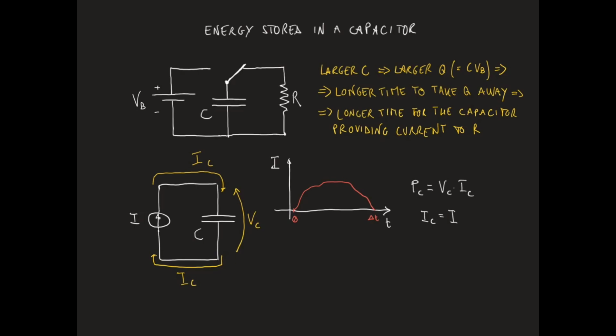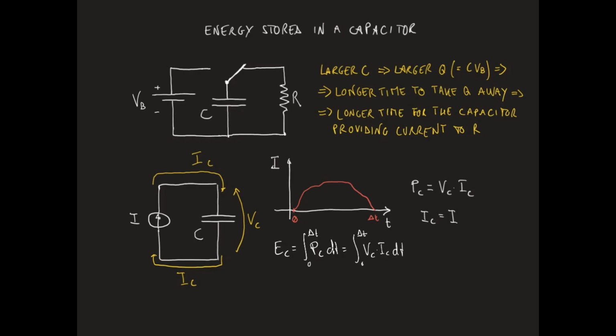Now we know that by definition the energy, and in this case the energy accumulated in the capacitor, let's call it Ec, is equal to the integral between 0 and delta t of the power Pc in dt, which is equal, by replacing Pc with its expression, to the integral between 0 and delta t of Vc times Ic in dt.